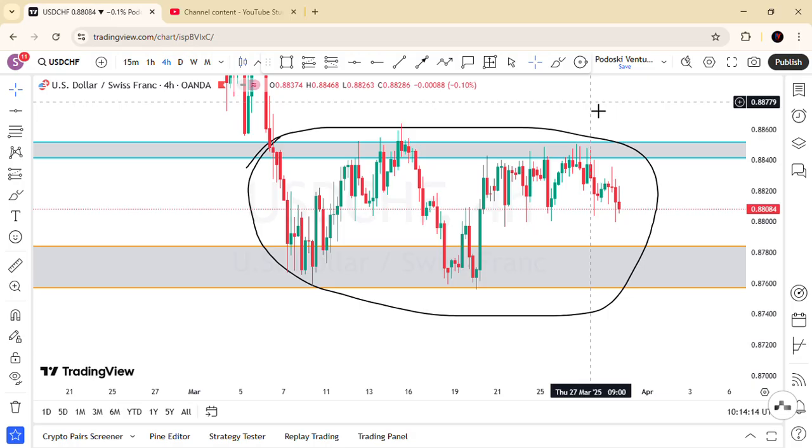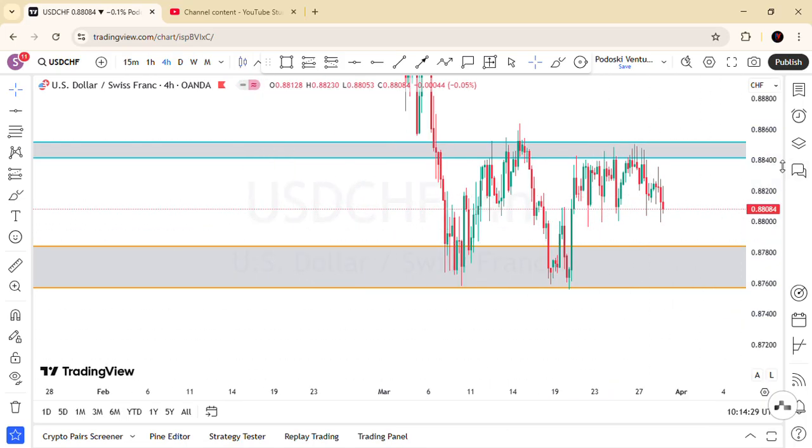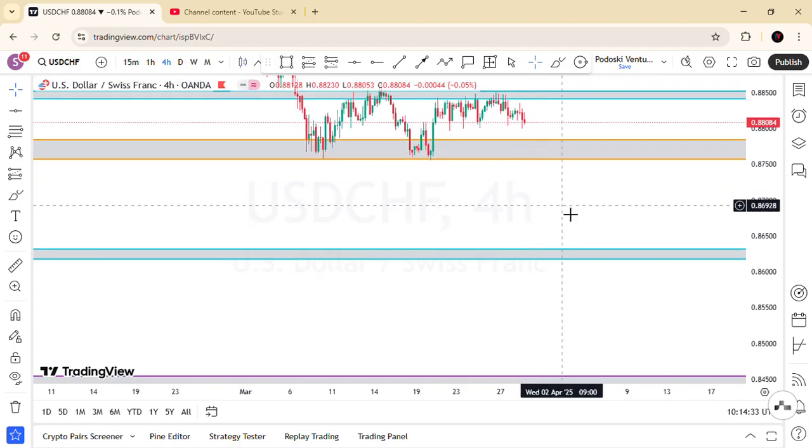Okay, so since we finalized that USD is ranging or consolidating on the 4-hour time frame, we are going to wait for a breakout. And where are we expecting the breakout to? We are expecting the breakout to the downside.